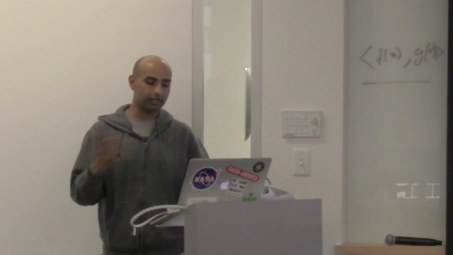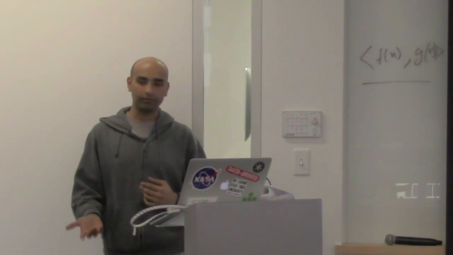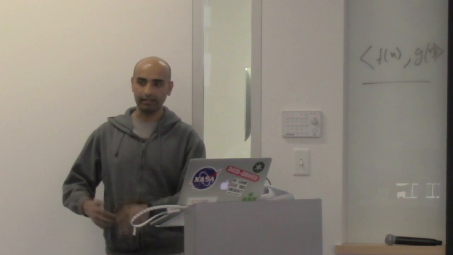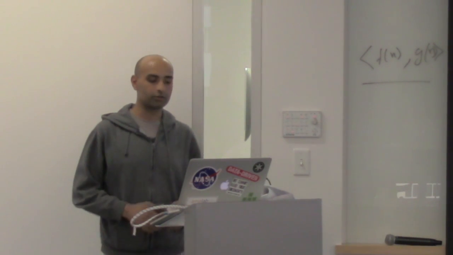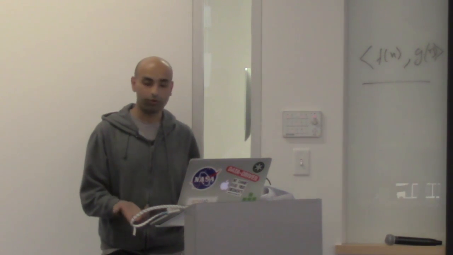You construct a sparse table, you do the range minimum query sparse table algorithm on the A prime array that you calculated over here. That again will give you O of n. You add all of these up. So O of n plus O of n plus O of n still gives you O of n. So your total preprocessing complexity turns out to be O of n again.